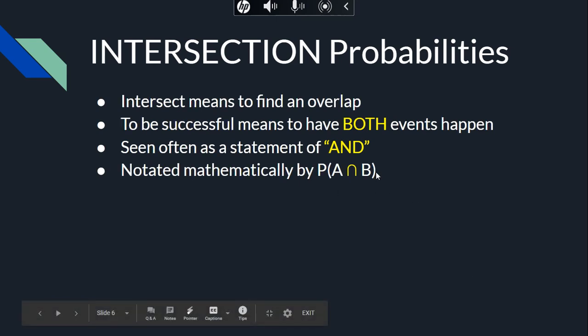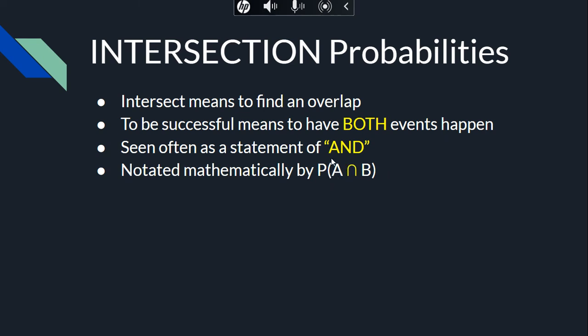Mathematically, it's very similar to the union notation, except the U is upside down. This means intersection. So that can get confusing because it's so similar. So I remember U and union go together, so then the upside down one would be intersection.